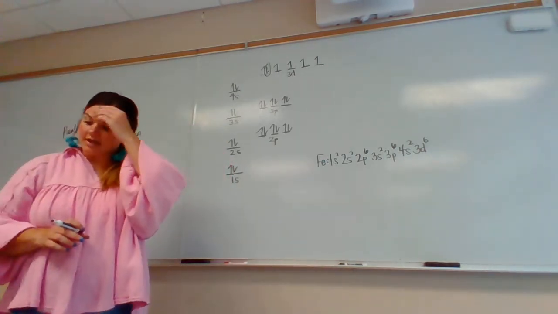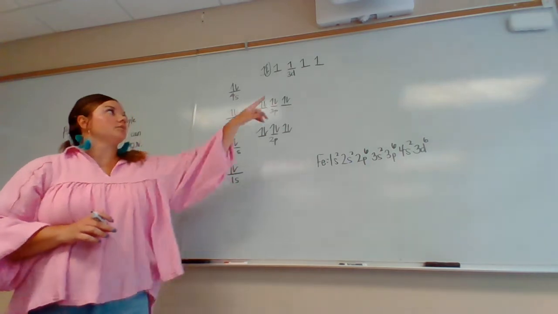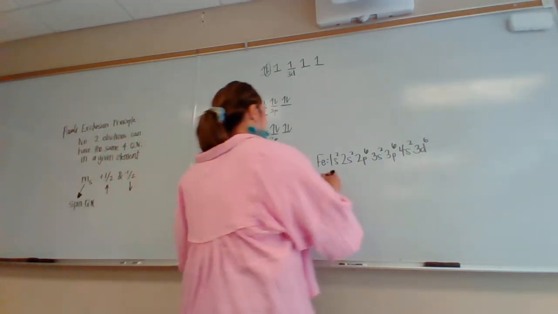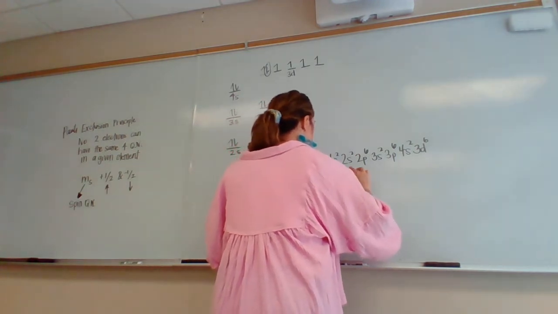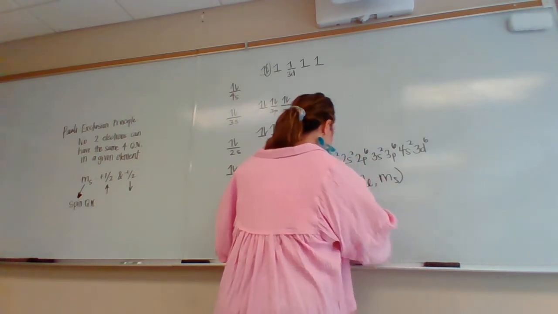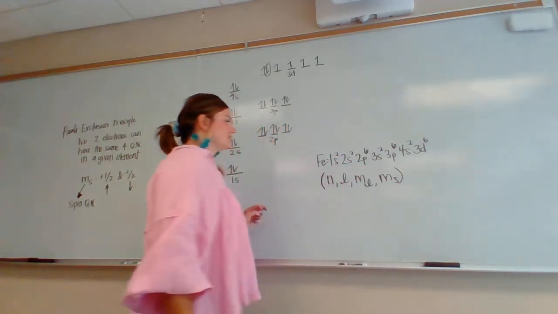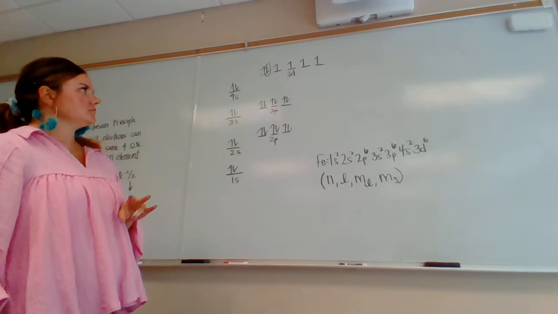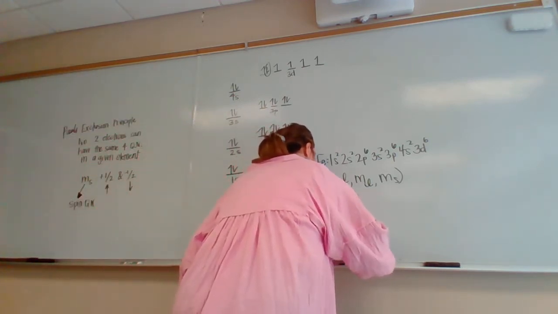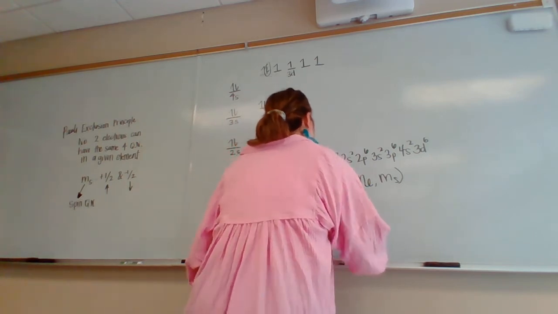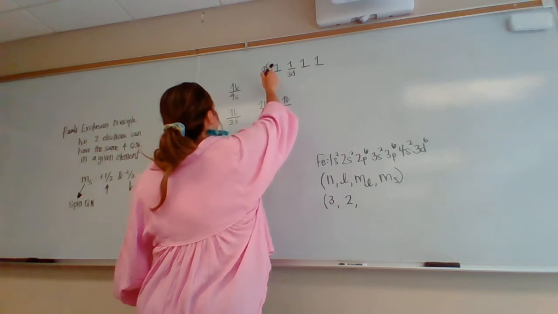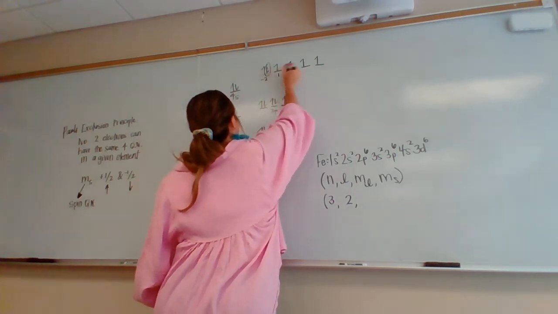Okay, so let's assign the 4 quantum numbers to that last electron again. This is the order and the notation you use to express your 4 quantum numbers. So what's my n? 3. What's my l? 2, because it's a d orbital. My m sub l: -2.